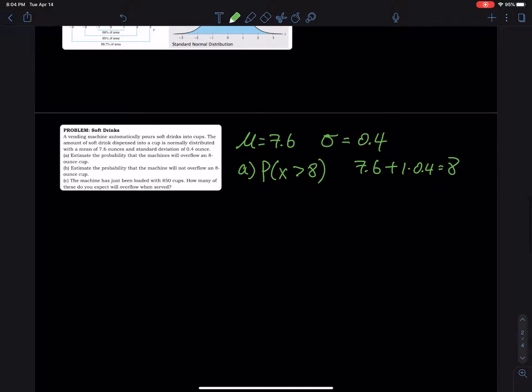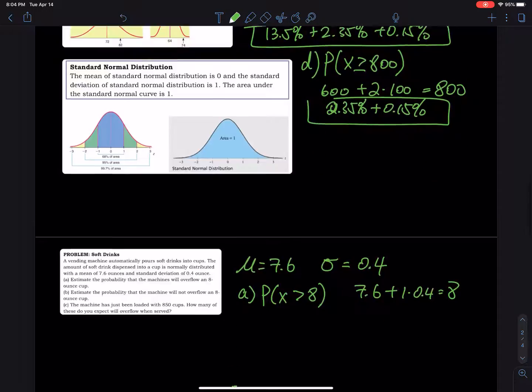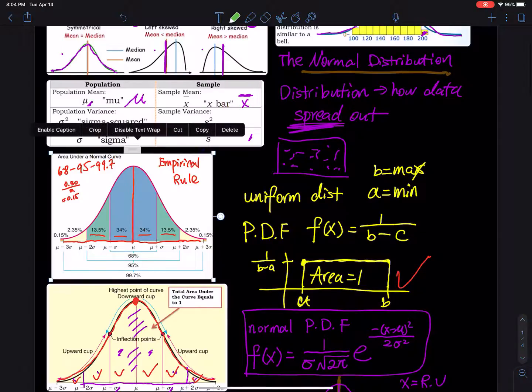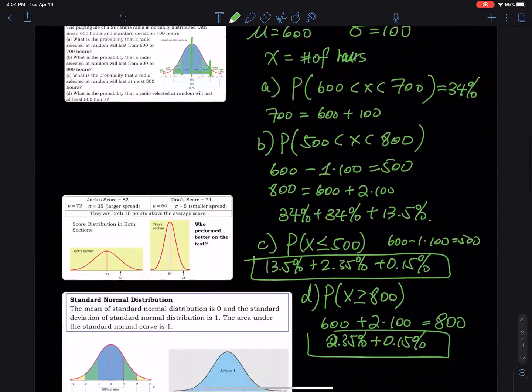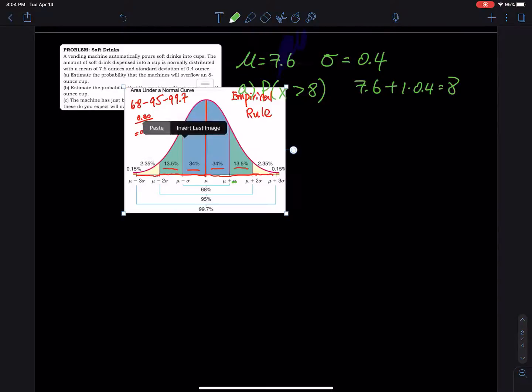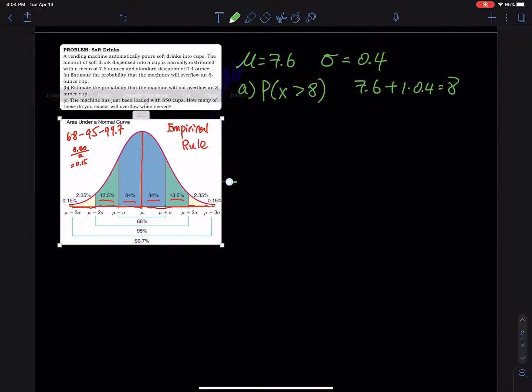Okay, it doesn't allow me to do that. Try that again. Copy. Paste. It works. All right.